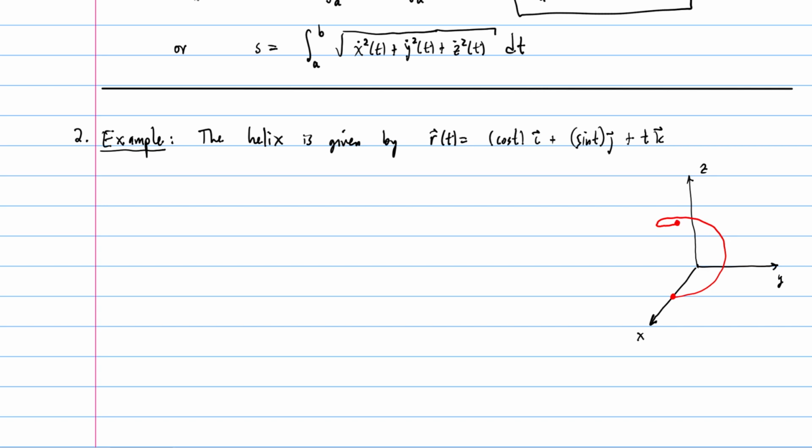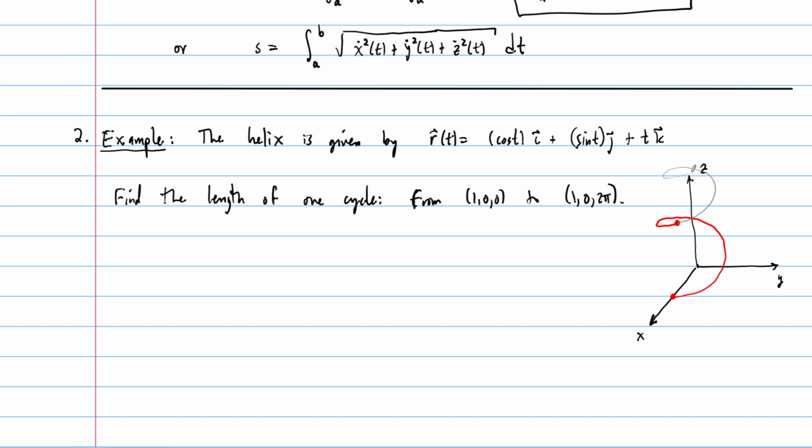And then I want to work out the length of one cycle. So the one cycle looks like this. Find the length of one cycle. This is going to be from the point (1, 0, 0) to the point (1, 0, 2 pi). So we're given all this information. That's the part that I drew.